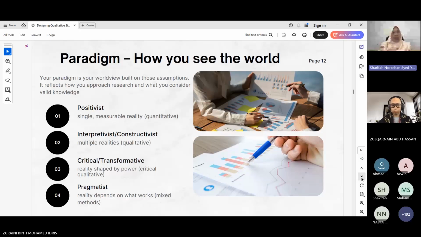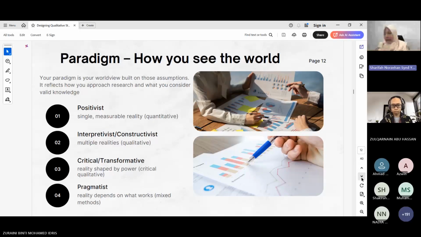So you are looking at your research or your paradigm looking into this world as a pragmatist approach. All right. So this is basically just a paradigm on how it would shape your study after this.